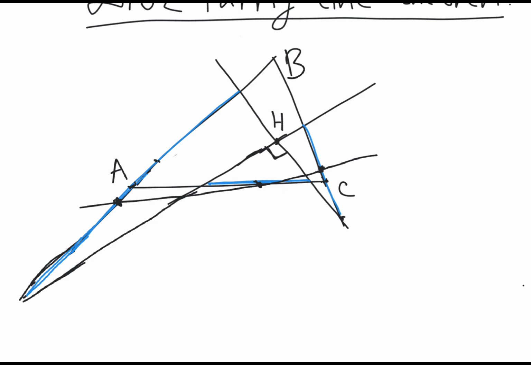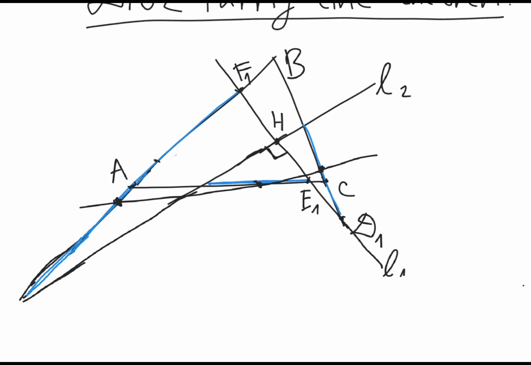So let's denote the points of intersection. So this is D. This point of intersection is E. This is F. Well, let's denote them D1, E1, F1, and so this line is L1, and this line is L2.